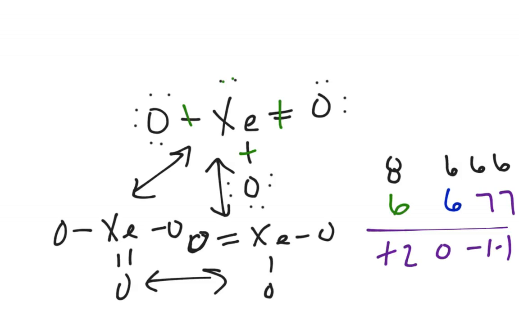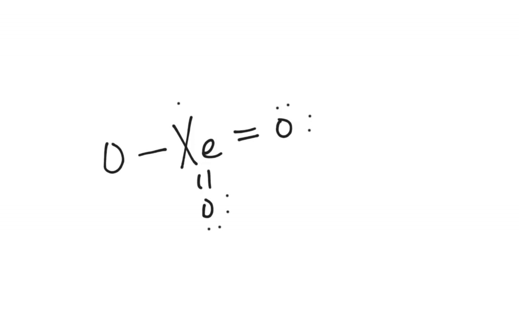But we have one more, remember, because we can fill that up to have at least 6 electron spots. So I've got 1, 2, 3, 4, 5, 6.